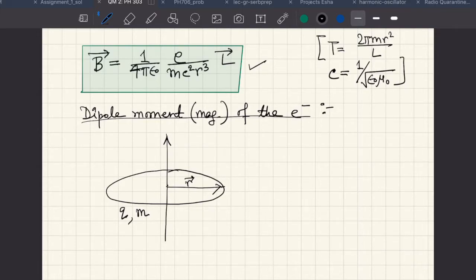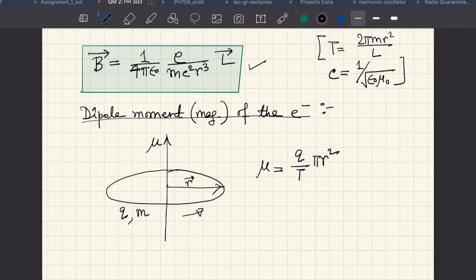Again the area will be pi times r square. Therefore my magnetic dipole moment should be given by mu equal to Q by T into pi into r square. And suppose this is rotating in this way, so the mu is in this direction. So mu equal to Q pi r square divided by capital T.